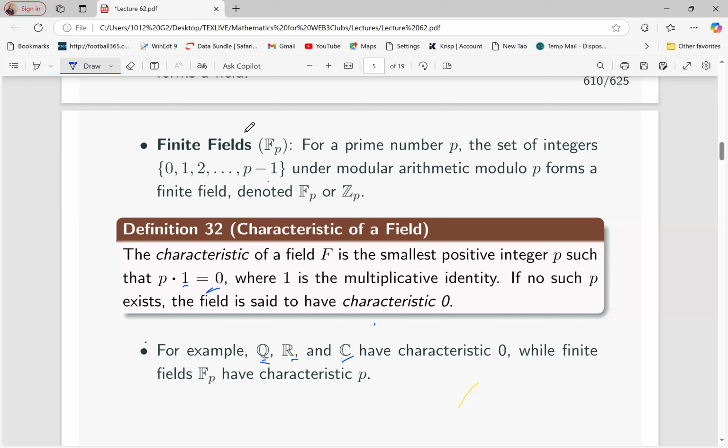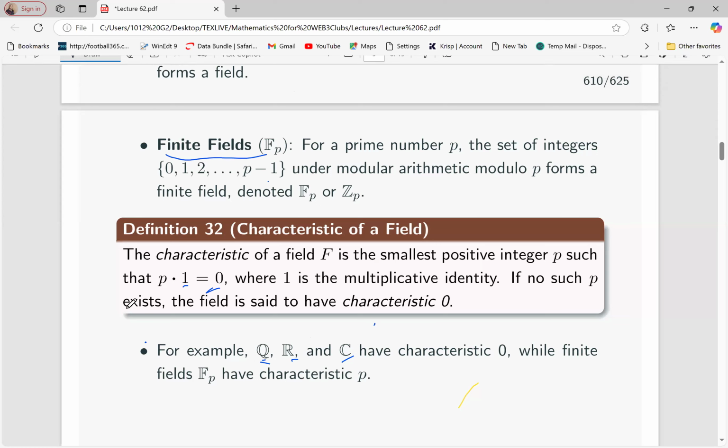But when you come back to the finite fields, it will be easier. For instance, let me consider this finite field. This is supposed to be prime.